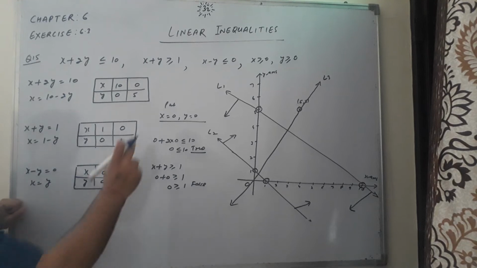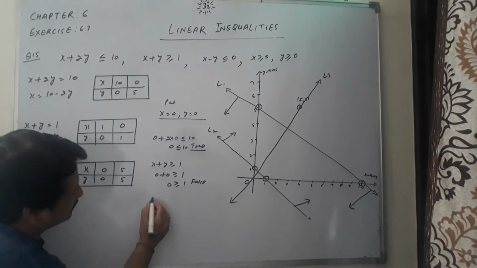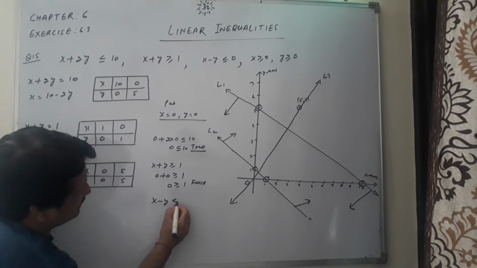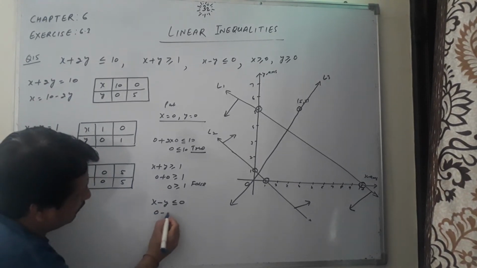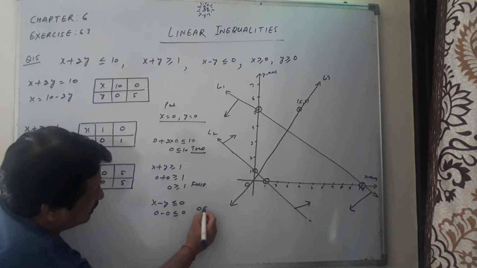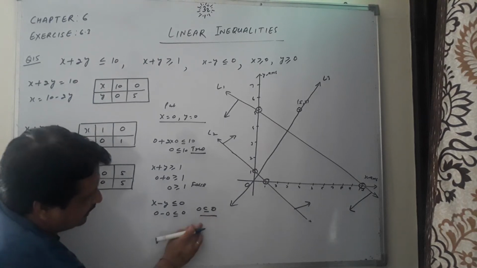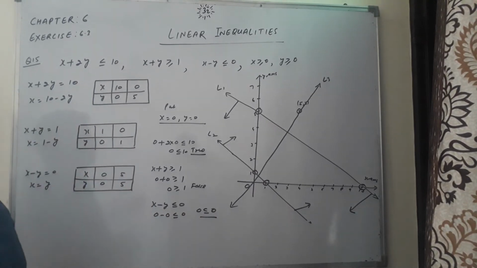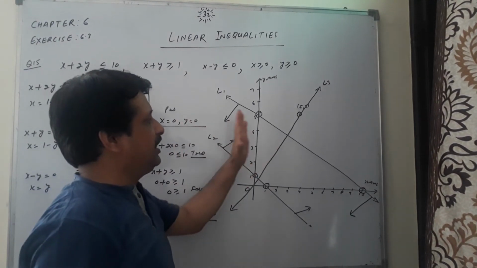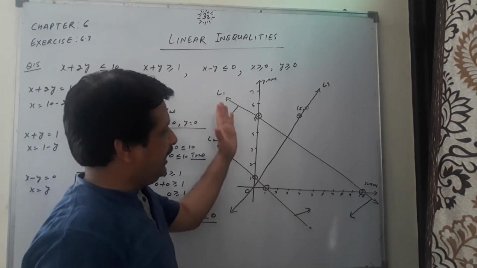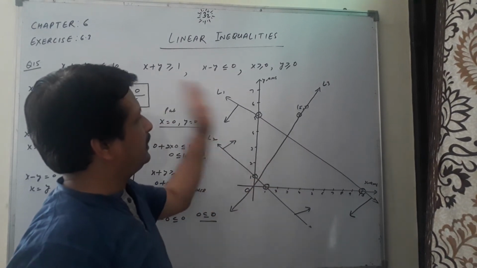Right? Coming to the third one, that is x minus y is less than or equal to 0. So here what you will say, 0 minus 0 is less than or equal to 0. It means by taking 0 and 0, we cannot tell where the shaded region will lie, toward the x-axis or toward the y-axis.